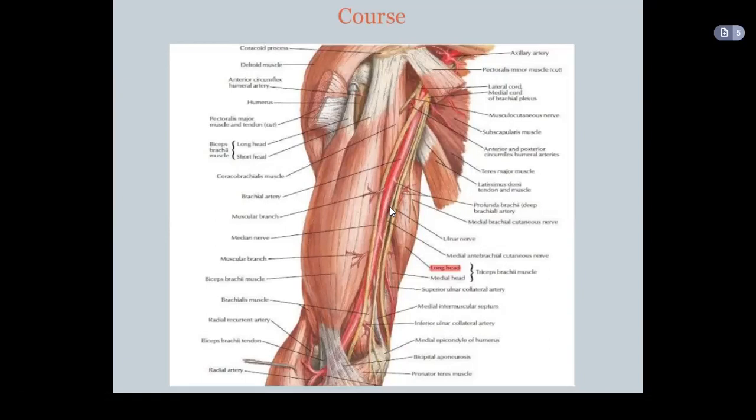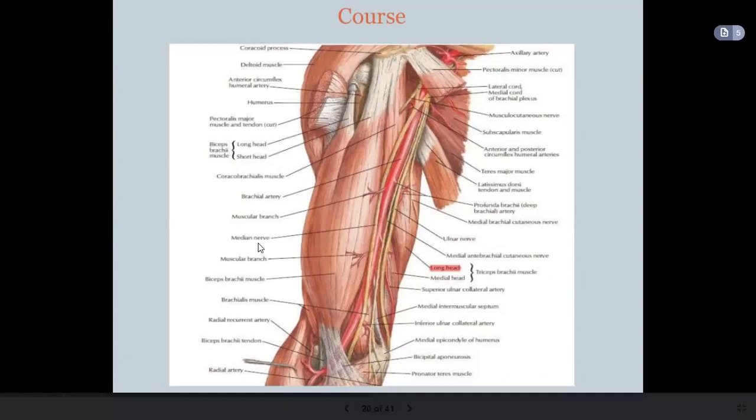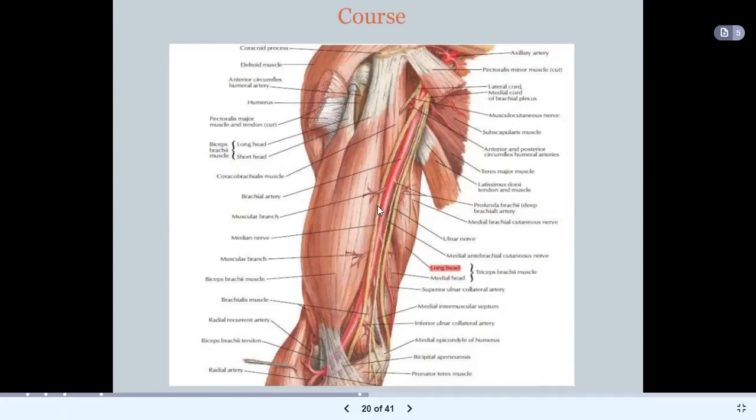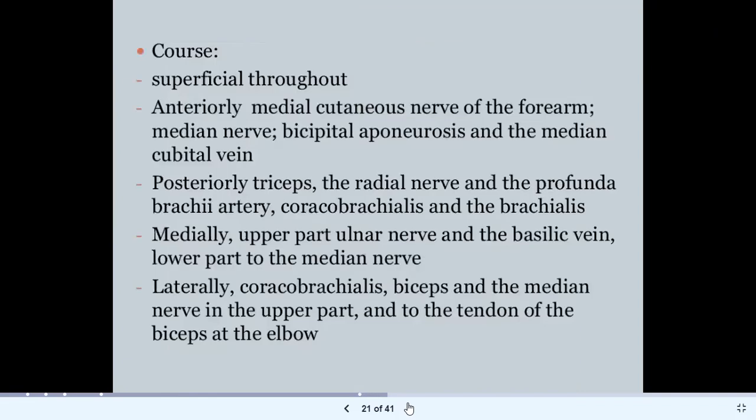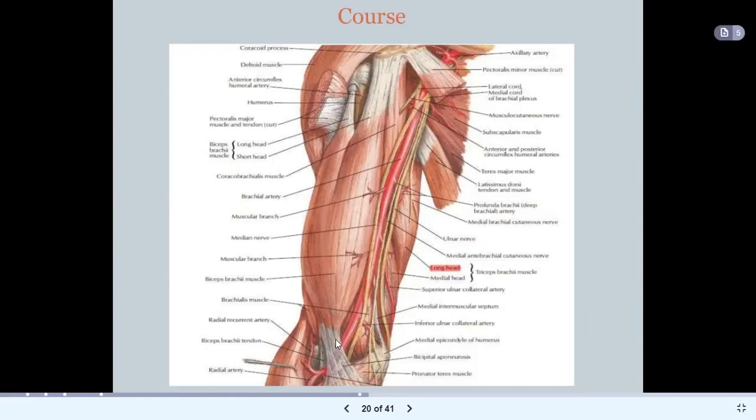Let's see if we can find it. Okay, we saw our median nerve running also, but we cannot find the median cubital vein and the bicipital aponeurosis. Let's see if, okay, so here you see the bicipital aponeurosis here.